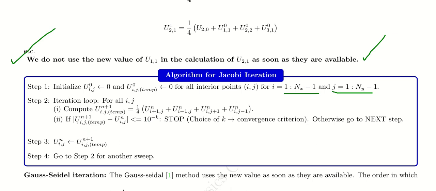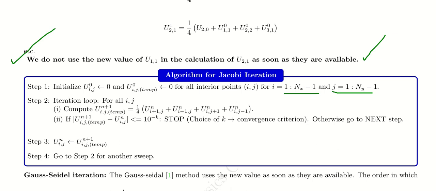Now you compare. Suppose you run several times, if u_ij temp, the n plus 1th iteration value, minus u_ij^n, that means the previous iterated value of the particular u, is less than 10 to the power minus k, where k is some convergence criterion based on the problem. Suppose it is 10 to the power minus 2, or 0.001, or 0.000001, depending on the problem and your requirement.